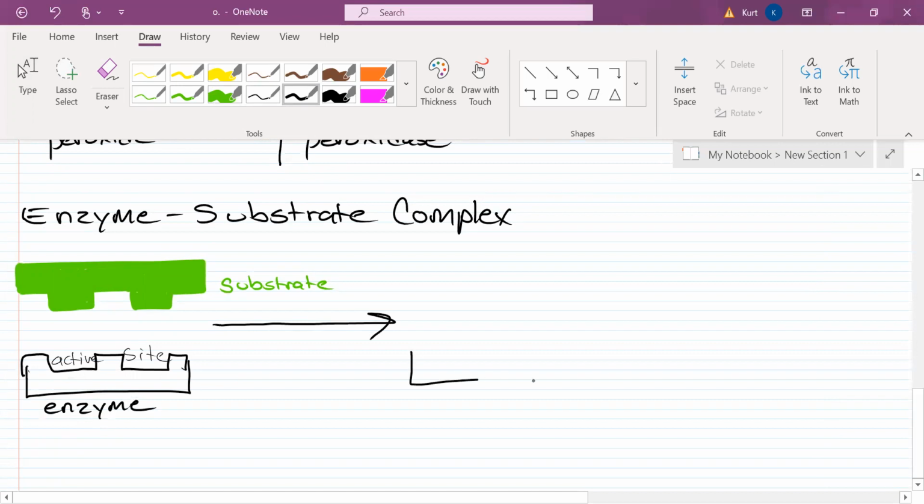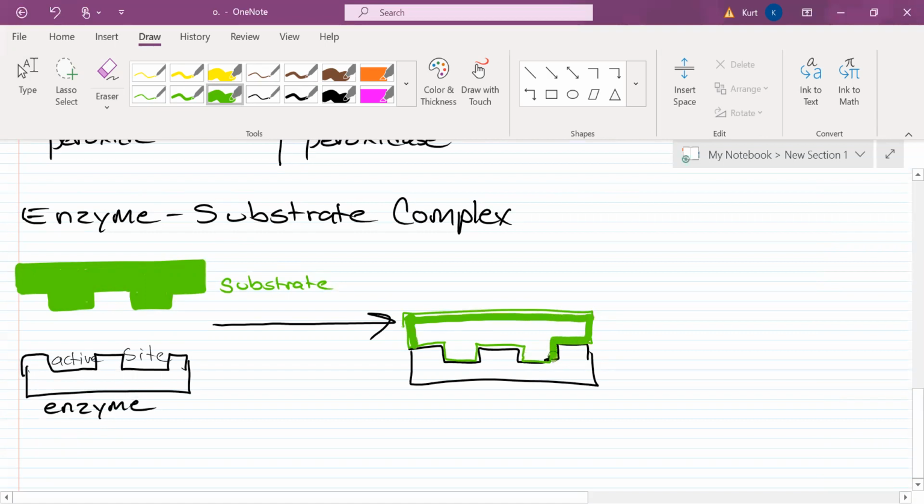So when they come together, you actually have an enzyme substrate complex. This is where the enzyme is going to catalyze the substrate.